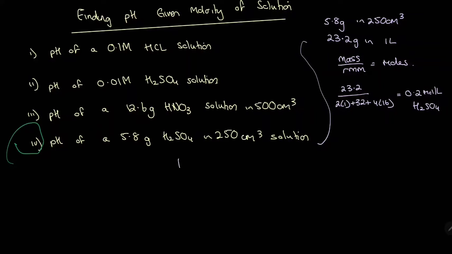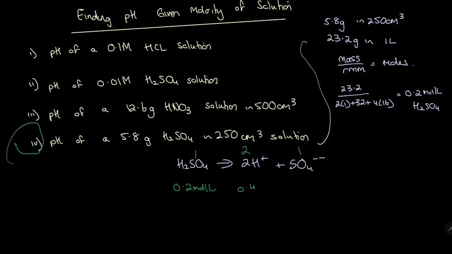And if we take a look at how sulfuric acid now dissociates, we've already seen that it dissociates into 2 hydrogen ions and a single sulfate ion. If we have 0.2 moles per litre of the sulfuric acid, we can see it's a 1:2:1 ratio.